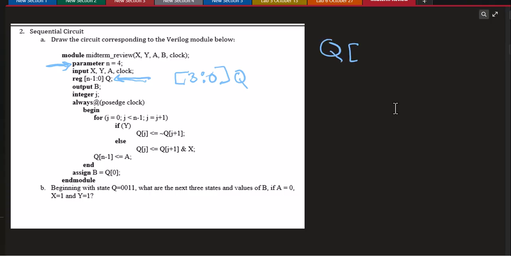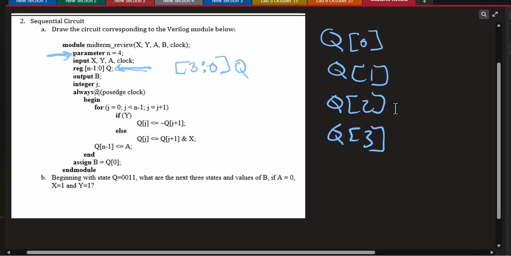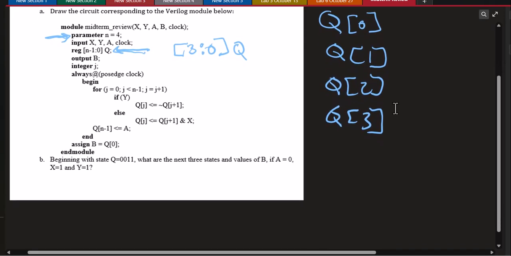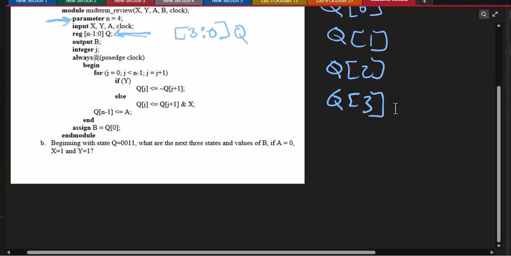That tells us that we have a q0, a q1, a q2, and a q3. So we have 4 values of q. So now we're pretty sure we've got 4 flip-flops. The integer j is just used for counting, just for the for loop. And output b just means it's going to be an output.